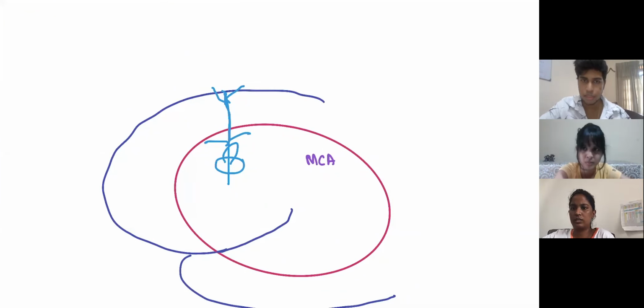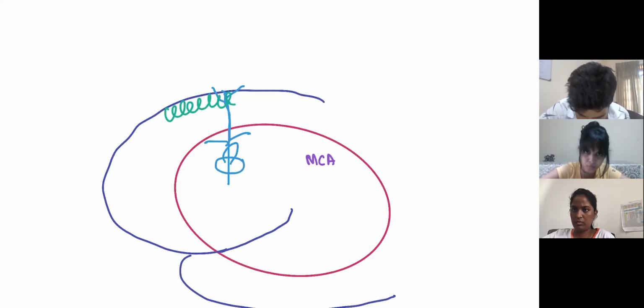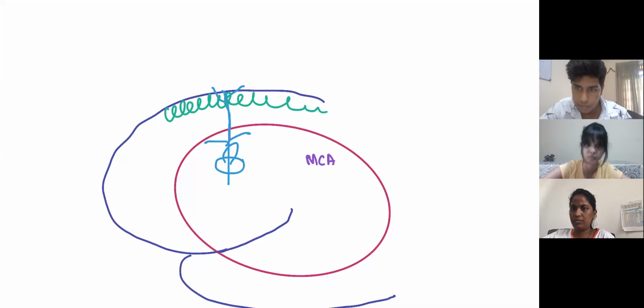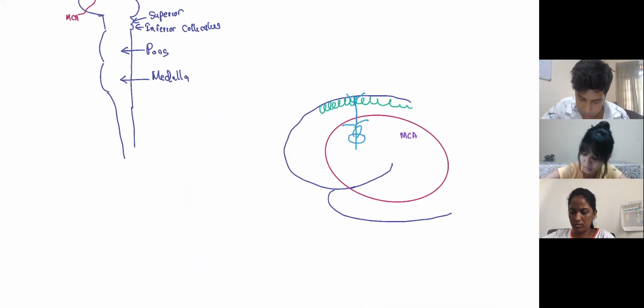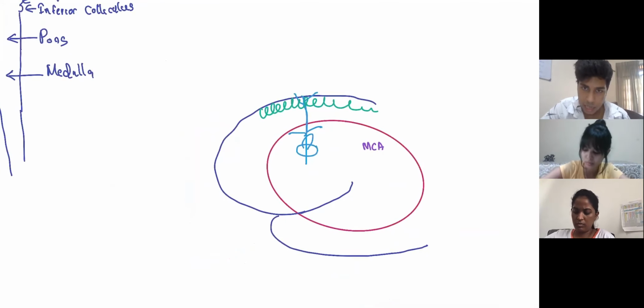Yeah, the upper body, including the arms upwards, okay? And can someone tell me what area is going to be affected if the anterior cerebral artery is damaged? Lower. Okay.